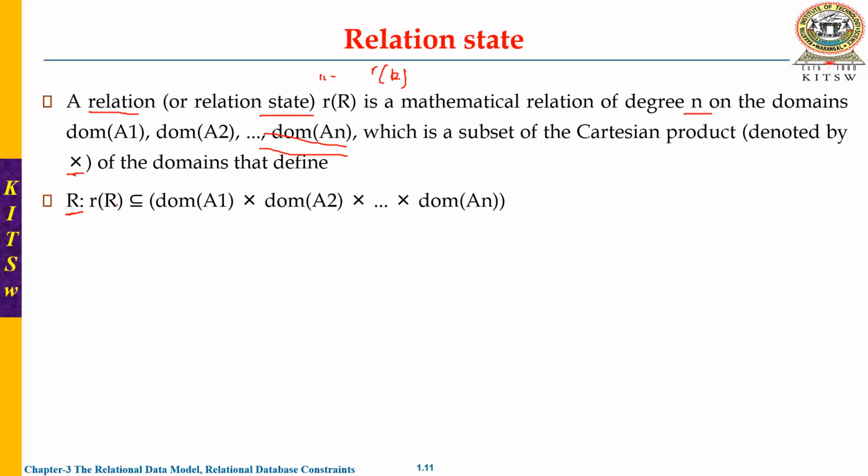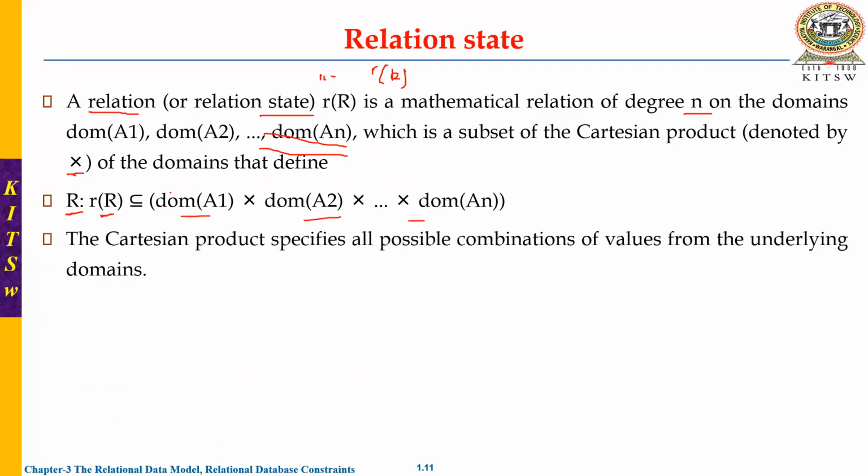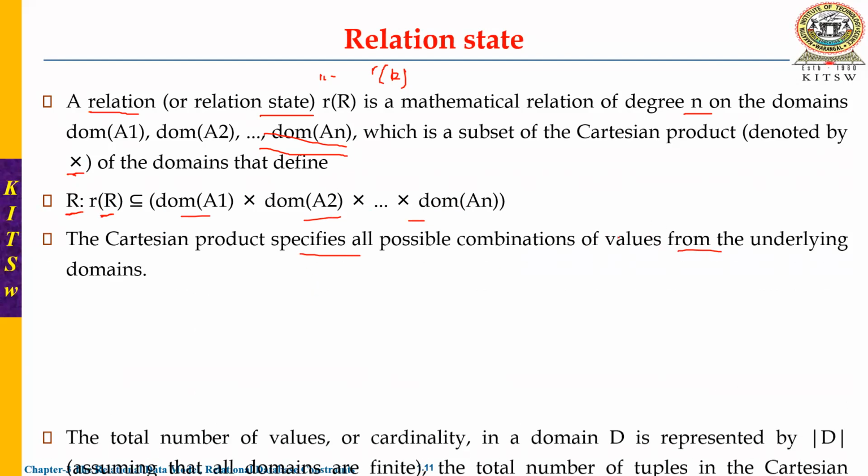So a relation R is a state of relations, a subset of domain of A1 Cartesian product domain of A2, and so on, domain of AN. The Cartesian product specifies all possible combinations of values from the underlying domains.